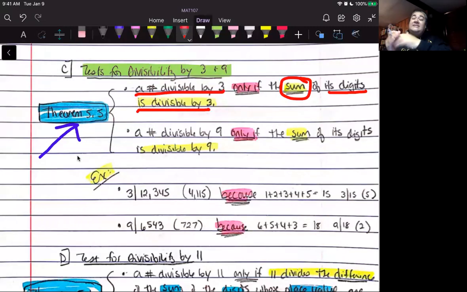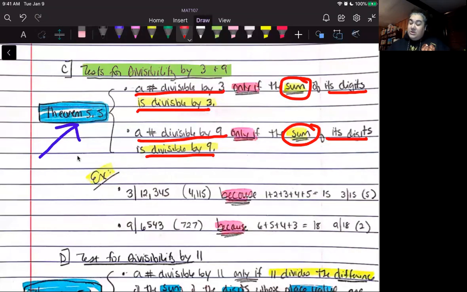If that is the case, then that entire number will also be divisible by 3. Okay? And then it states that a number will be divisible by 9 only if the sum of all of its digits is divisible by 9.